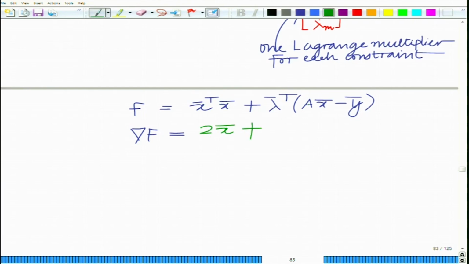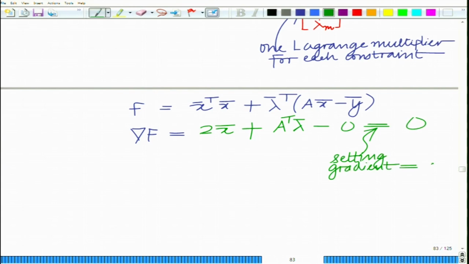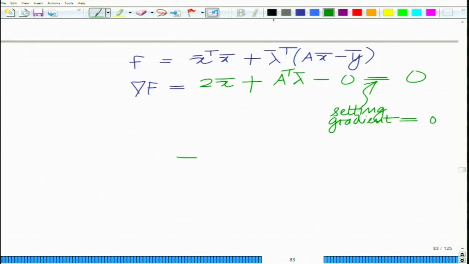Lambda bar transpose A x bar is c bar transpose x bar, so its gradient is c bar, which will be A transpose lambda bar, and the term minus lambda bar transpose y bar has zero gradient with respect to x bar. Setting the gradient equal to 0, you will get something interesting.